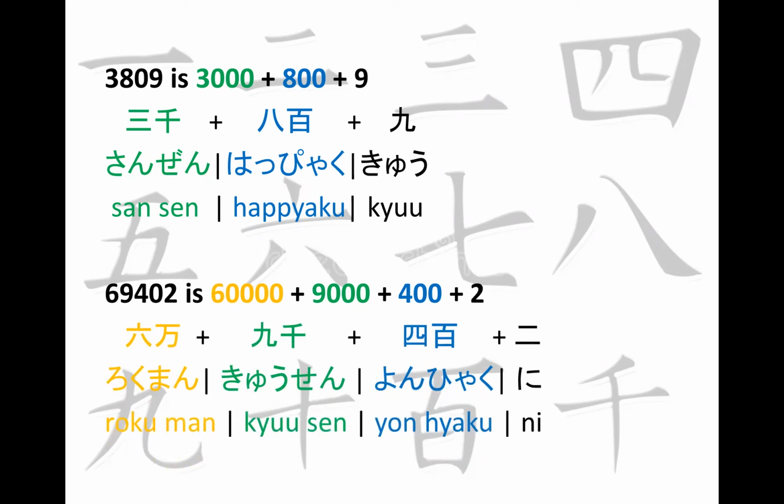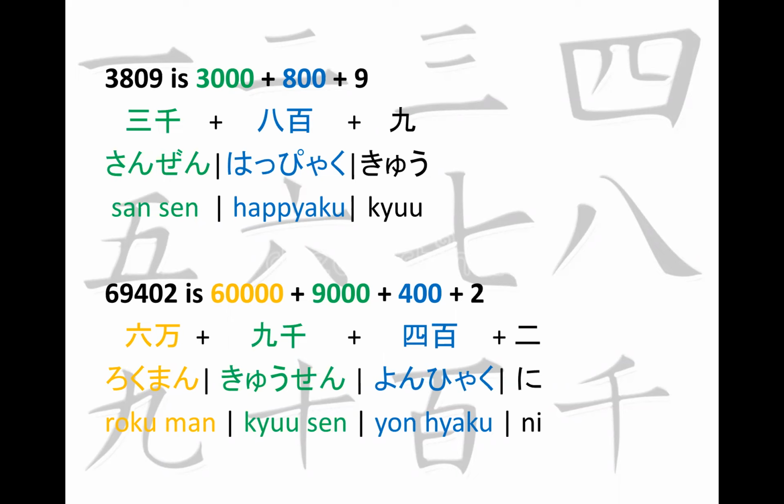So we have rokuman for the 60,000, kyusen for the 9,000, yonhyaku for the 400, and ni for the 2. So 69,402 in Japanese is rokuman, kyusen, yonhyaku, ni.